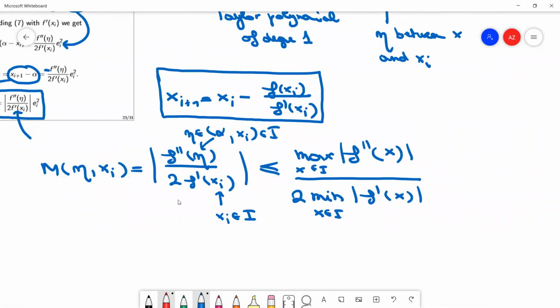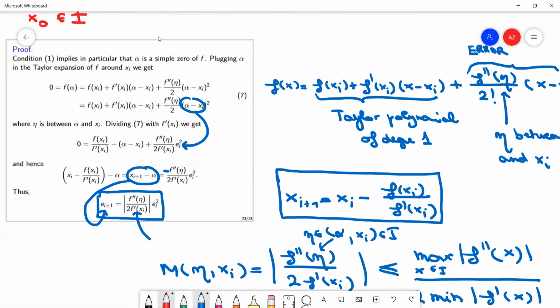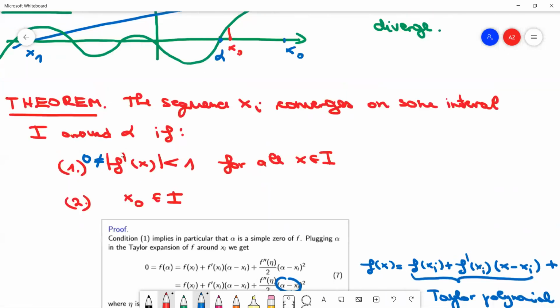And now our condition says that the derivative is not equal to 0 on this interval I. And since we are dealing with a continuous function, because if it's differentiable then it must be continuous, on some interval its minimum is attained.